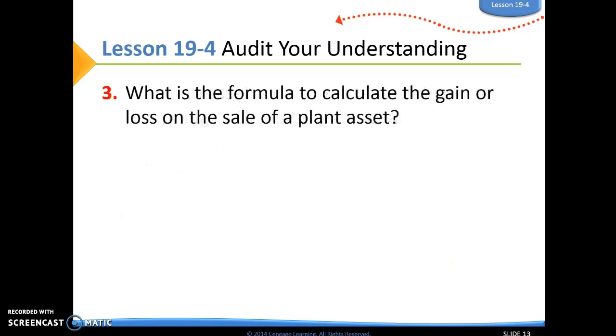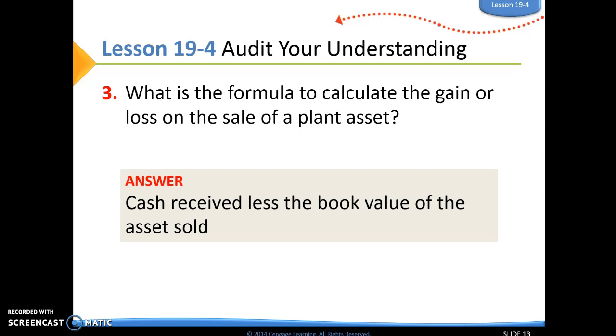Number 3, what is the formula to calculate the gain or loss on the sale of a plant asset? We're going to take the cash that we received and subtract the book value of the asset that we're selling.